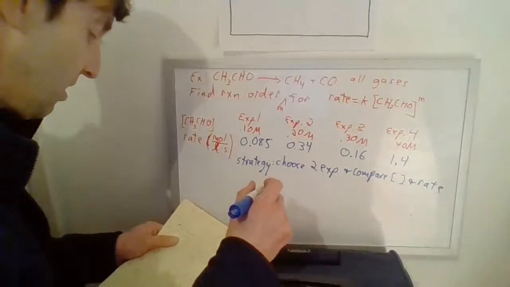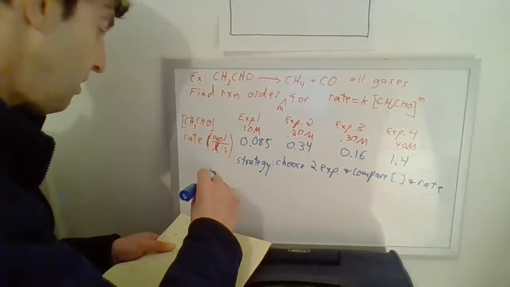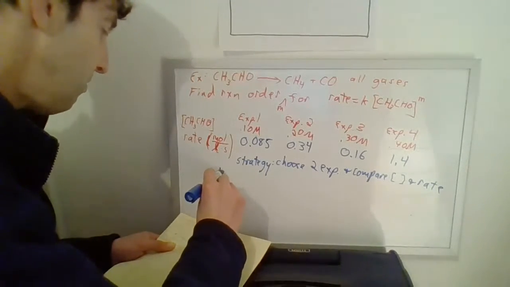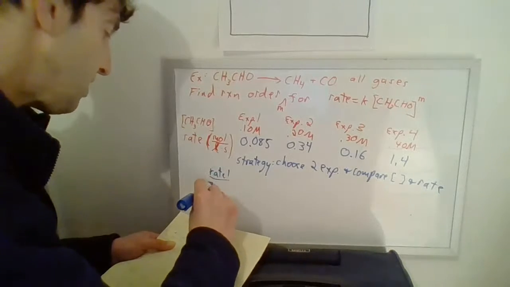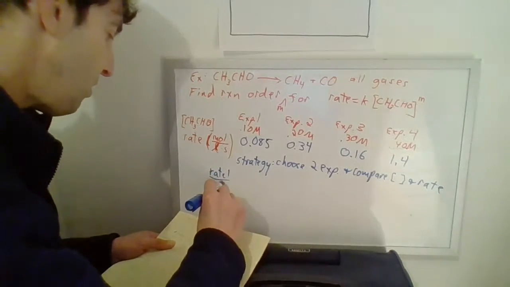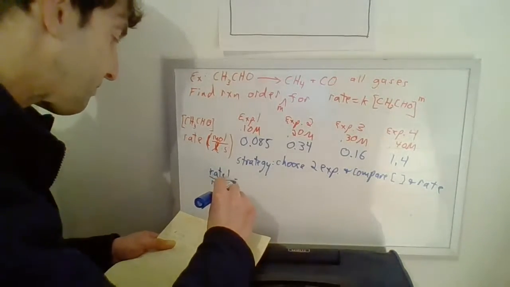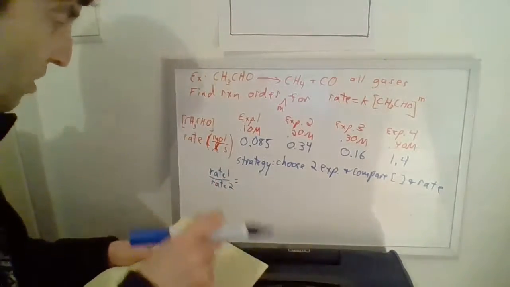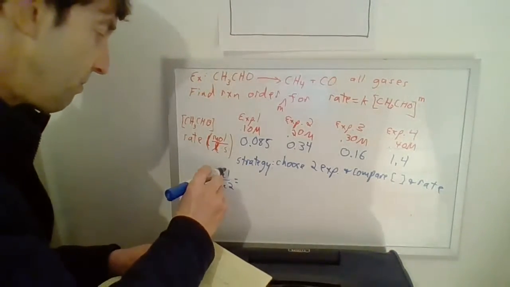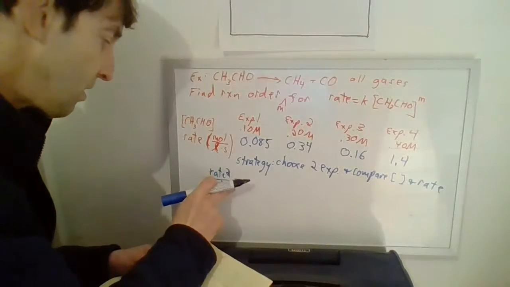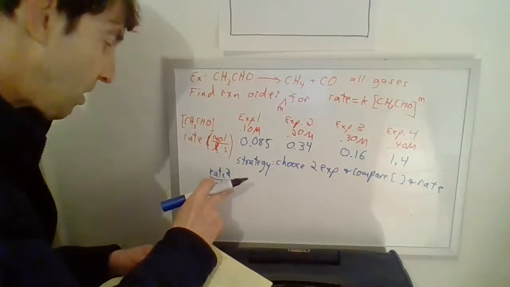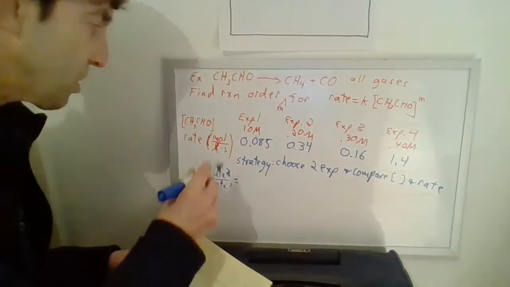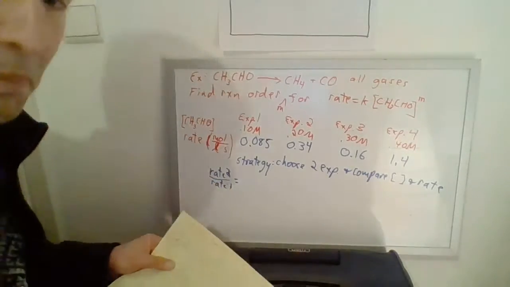Okay, so the rate of 1 divided by the rate of 2. Oh, nope, sorry. Let's make it 2 over 1. Why? Because 2 is bigger. Put the bigger one on top.